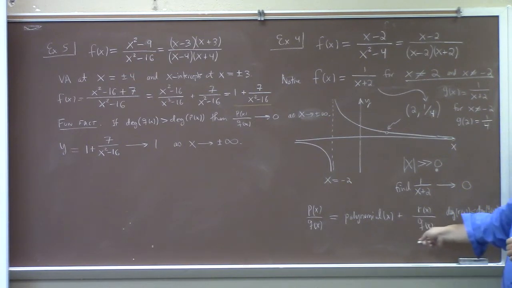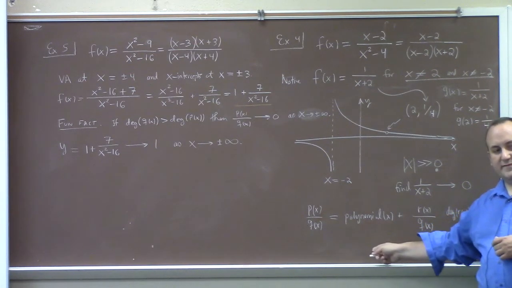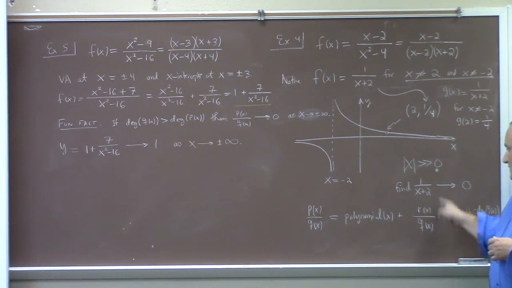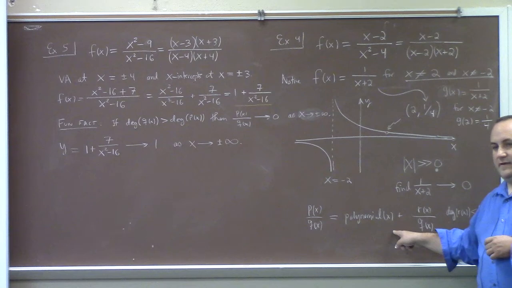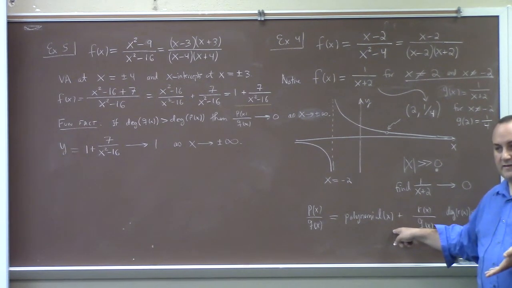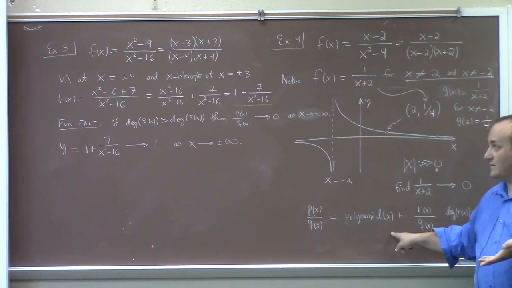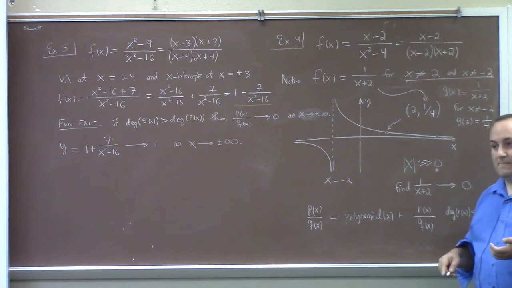So as x goes to plus or minus infinity, this piece goes to 0, and you're just left with a polynomial term. And that could be linear, parabolic, cubic, anything. But to be kind to the students, we don't ask you to graph this, except in the case that this works out to a constant, like example 5.